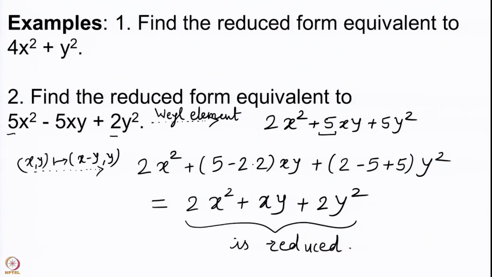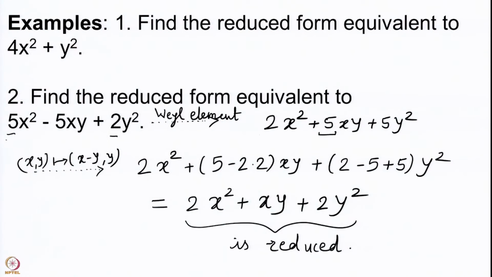There is a small check which we can do to see whether we have not made any mistake in this calculation, which is that we can compute the discriminant of the original form and the discriminant of the form that we have obtained. The discriminant is given by b square minus 4ac. So, the discriminant here is b square, which is 25, minus 4 into 5 into 2, that is 40.